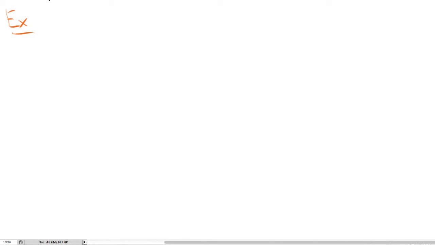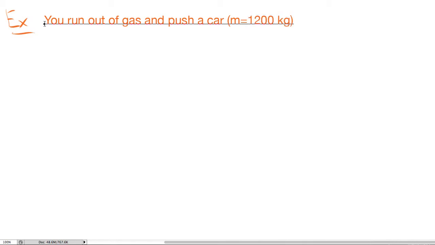So let's start to apply that in the form of an example. This is the old "you run out of gas" example. You run out of gas and you have to push your car. The car has a mass of 1,200 kilograms, and you push it from rest to a velocity of 4 meters per second in some direction, with an average force of 300 newtons.